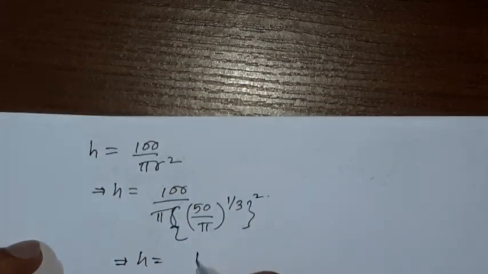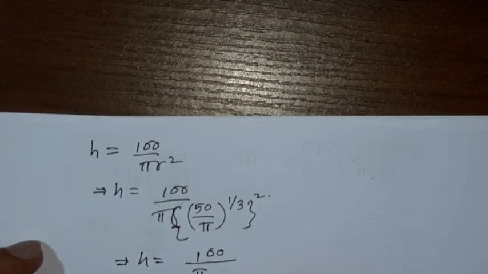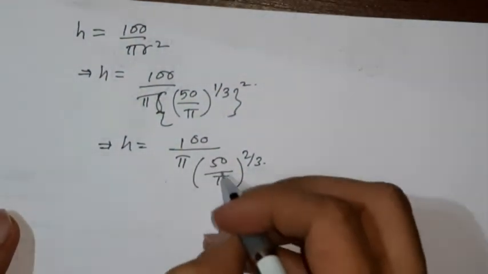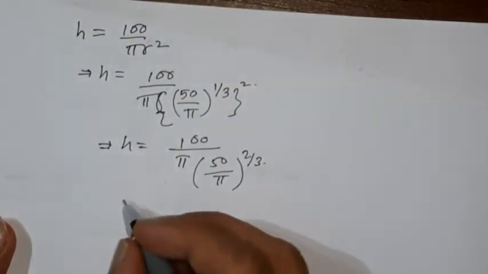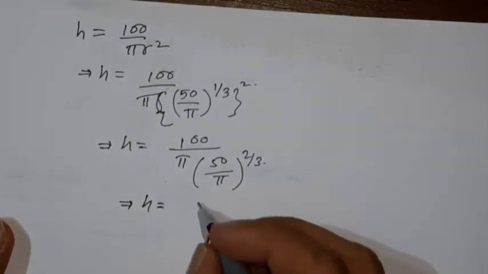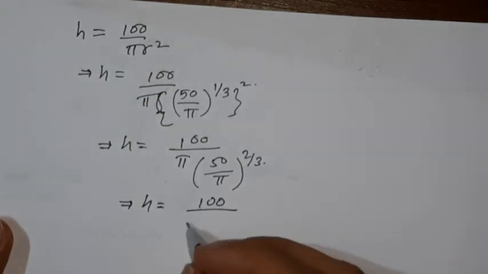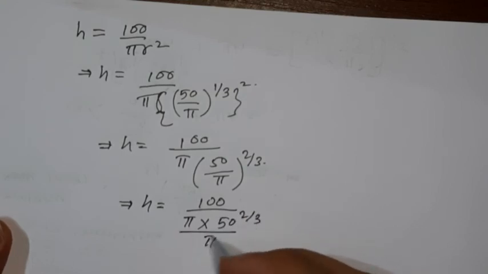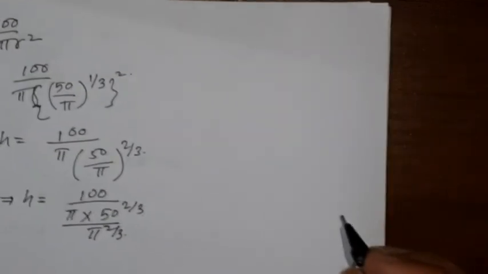So h is equal to 100 by pi multiplied by 50 by pi raised to 2 by 3. So h will be equal to 100 by pi multiplied by 50 raised to 2 by 3 divided by pi raised to 2 by 3.